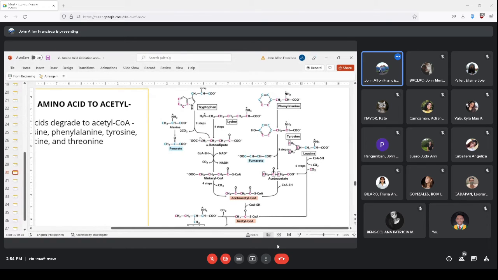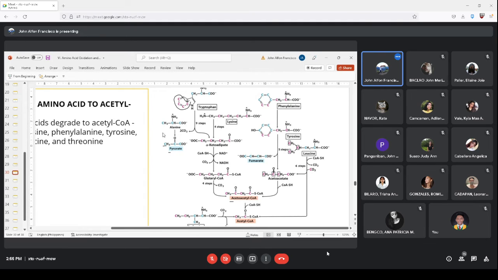Pero ang gist dito is that yung mga carbons labeled in pink proceed to formation of glucose through the gluconeogenic pathway, so formation of acetyl-CoA, while yung blue is to formation of pyruvate or for the citric acid. Okay?